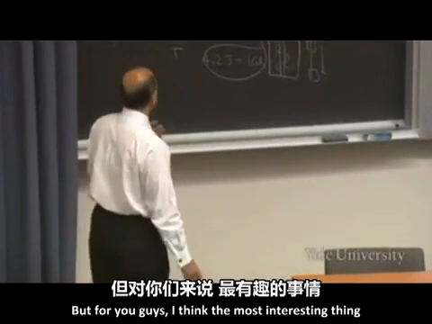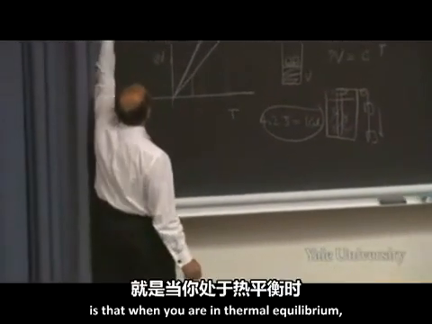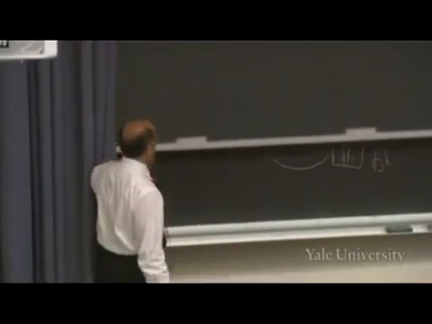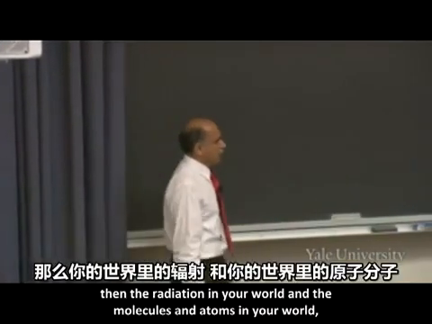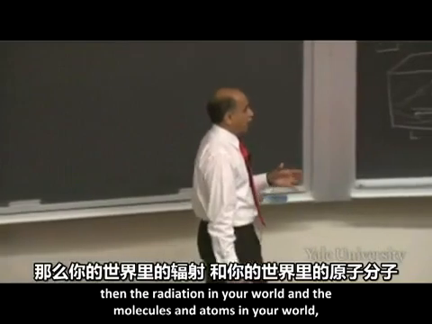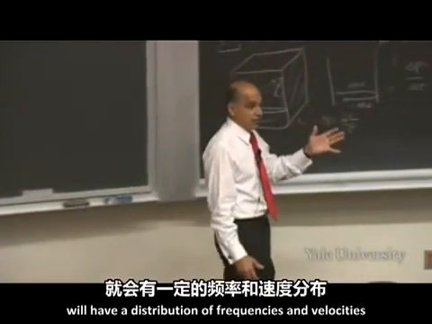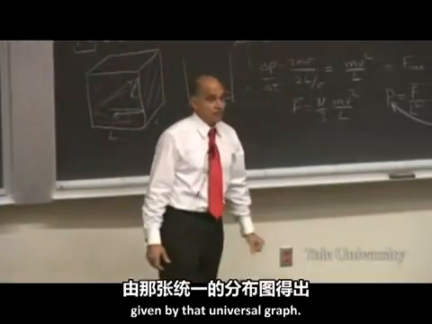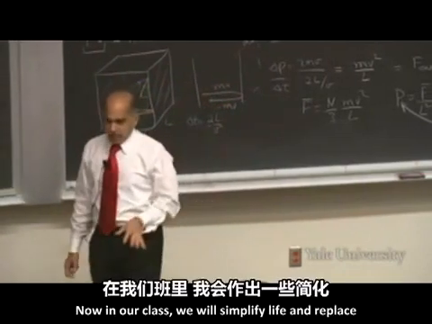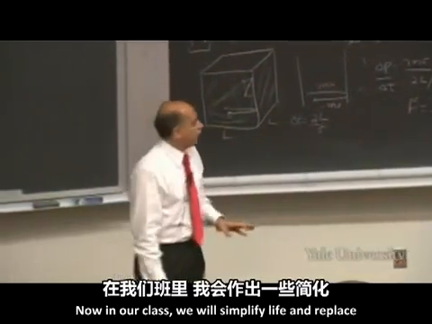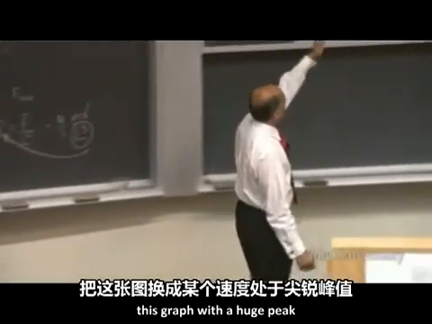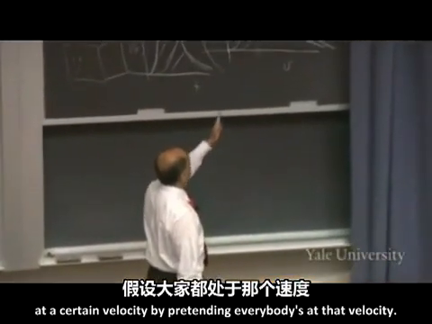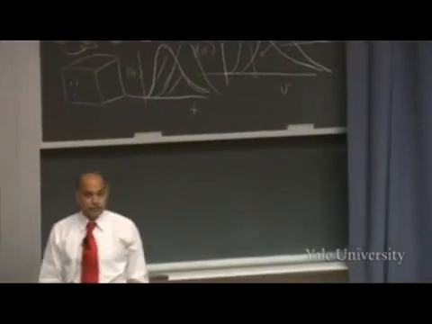But for you guys, I think the most interesting thing is that when you are in thermal equilibrium and you are living at a certain temperature, then the radiation in your world and the molecules and atoms in your world will have a distribution of frequencies and velocities given by that universal graph. Now, in our class, we will simplify life and replace this graph with a huge peak at a certain velocity by pretending everybody is at that velocity.